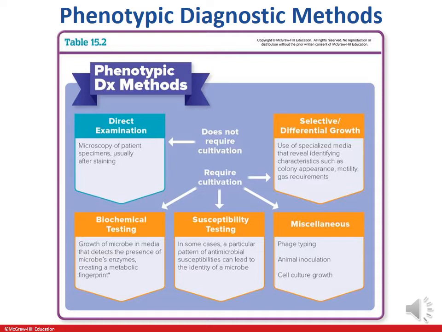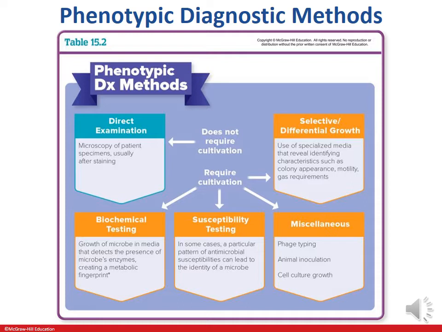Some of your unknown ID labs, we're using biochemical tests where you're looking for the evidence of an enzyme of some sort and just looking for a color change in the media. We did the Kirby-Bauer test, which is an example of susceptibility testing, where we're looking for antibiotic effectiveness.